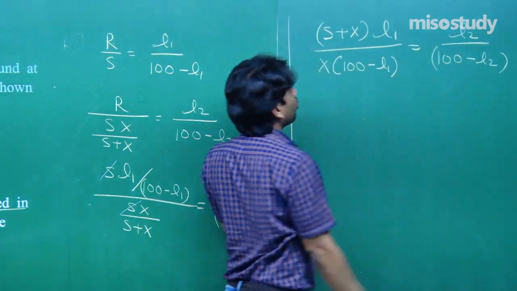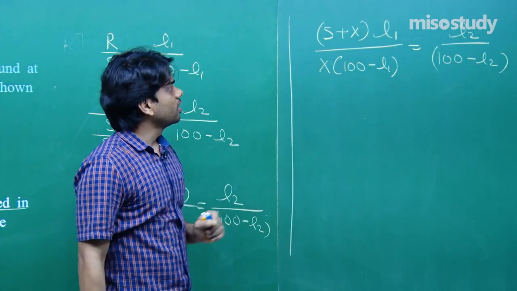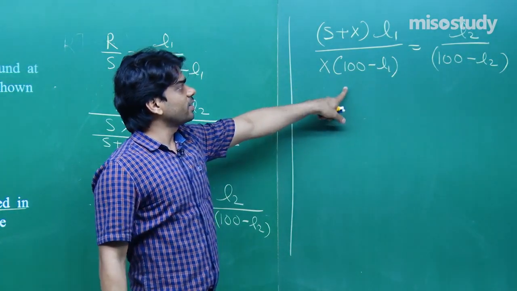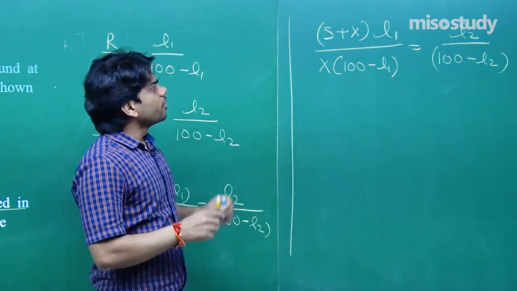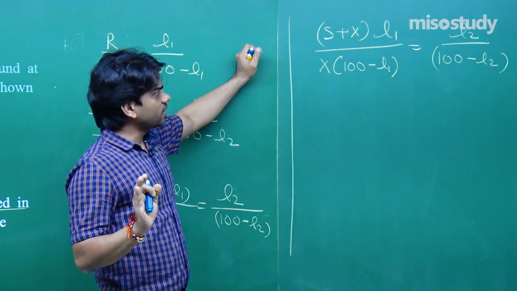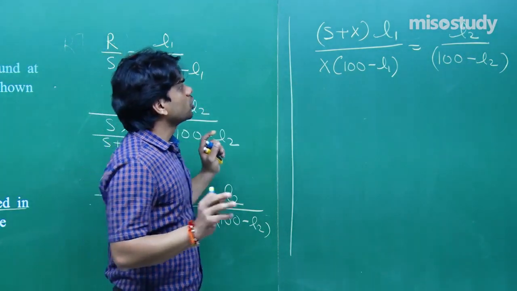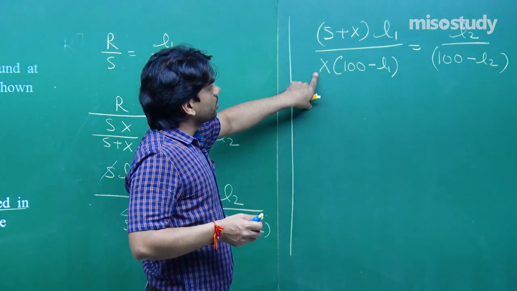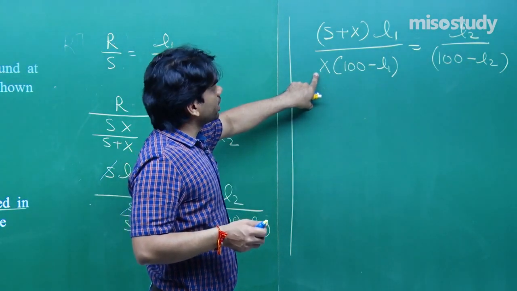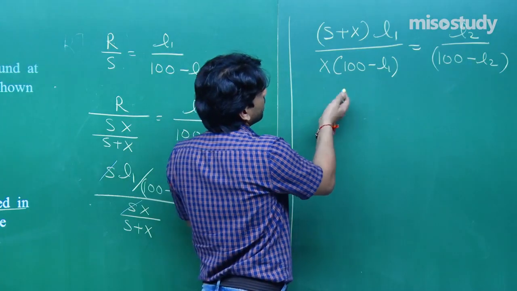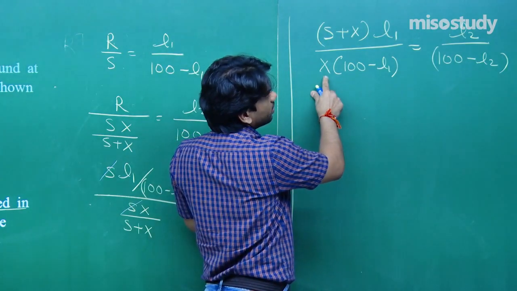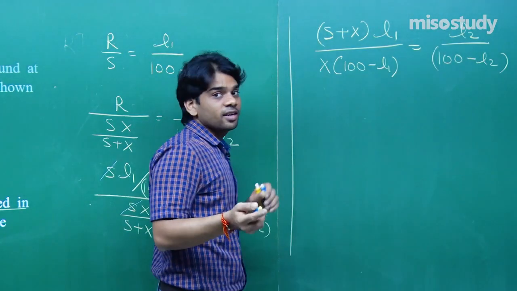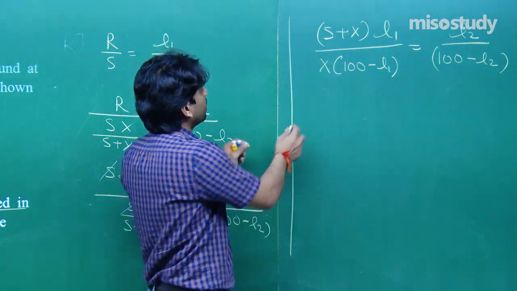Now you just see here all the terms x, S, L1, L2 we have got. We have to simply simplify this and find out the value of x. So what do you do? If I divide every term by S, or it's better if I open the bracket, then I have to make x the subject, and finally we can come to the final result.